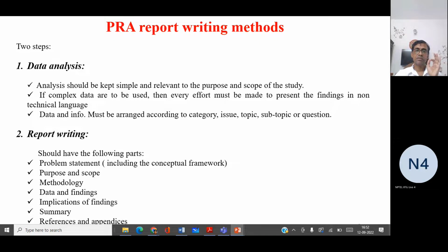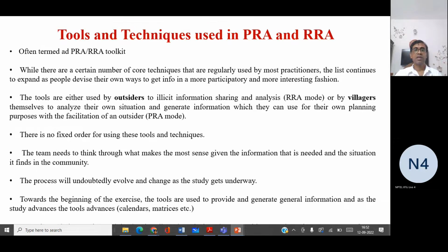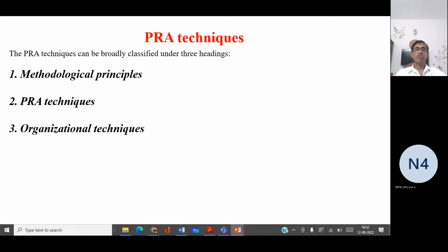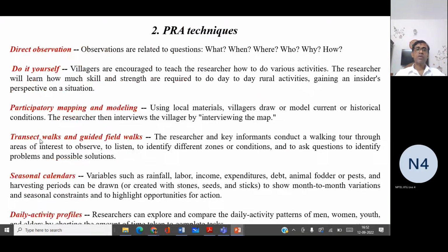PRA report writing is one of the most important aspects. Then we talked about the tools and techniques used for PRA and also RRA, following which we talked about the PRA techniques, various principles involved with methodology, PRA techniques, organizational techniques, and each one of them we in fact discussed in great detail.